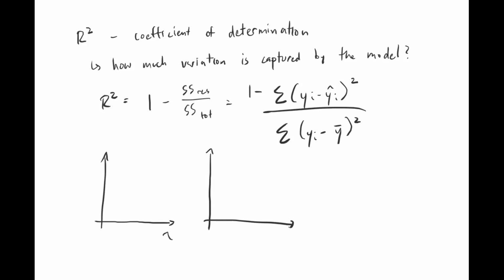Okay, so I've got my x's and my y's. So we'll do something like this, and I'll try and replicate this over here. So this is y mean, and this is y hat.